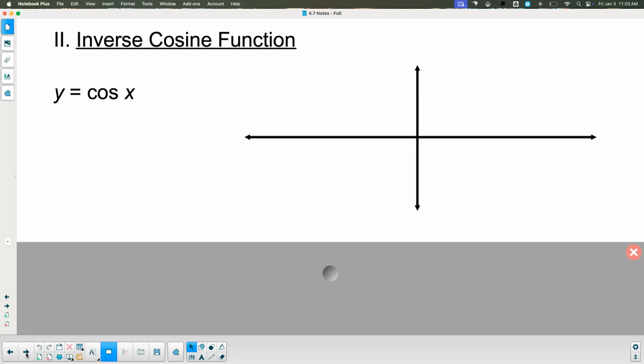Let's graph cosine, just like we graphed sine yesterday. Let's go positive first. Start at 0. At 0, where is cosine?